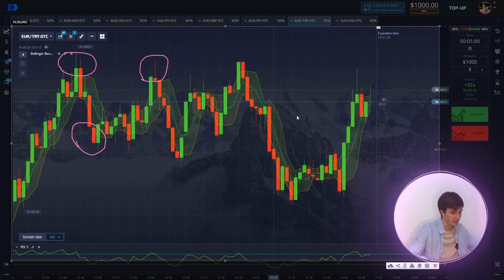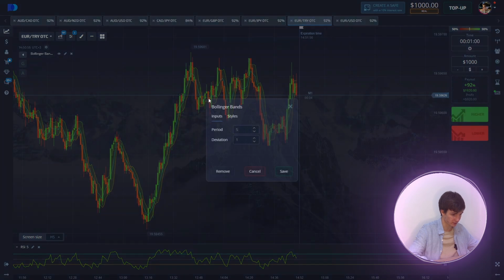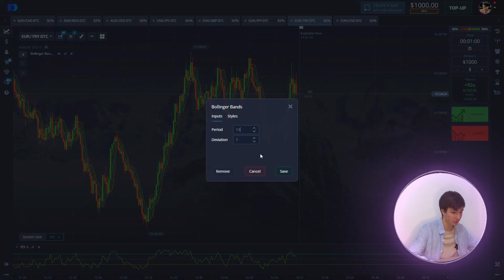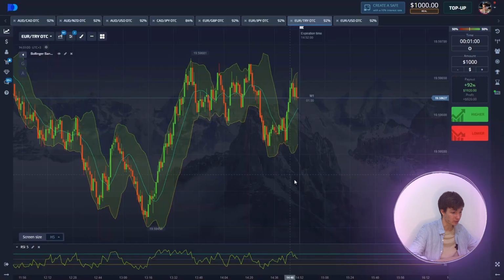The Bollinger Bands consist of the upper moving average, the lower one, and the middle moving average. So these moving averages are similar to the ones the RSI has. And why do we use these settings, why do we set the period to 13 and the deviation to 2?